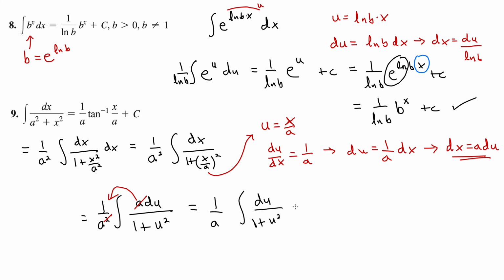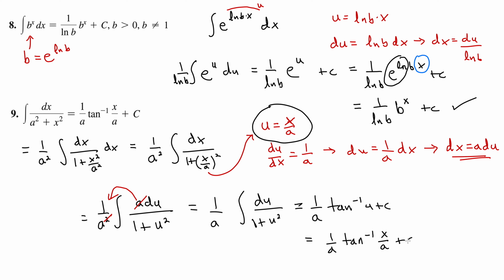Well, we recognize this integral as arctan of u, so we have 1 over a arctan of u plus c, and 1 over a arctan. Remember, to back substitute, u is actually x over a, so we have x over a plus c. That's what we wanted to show.